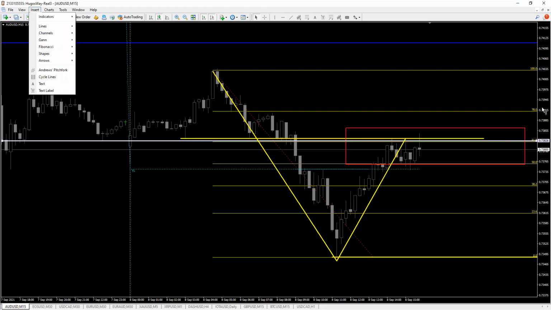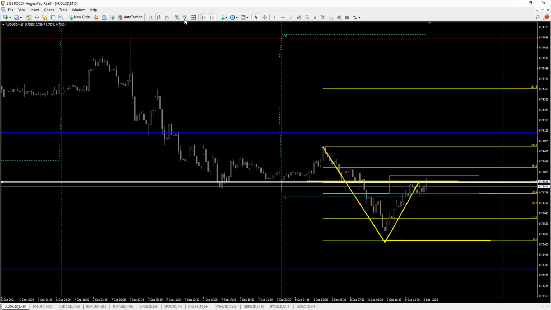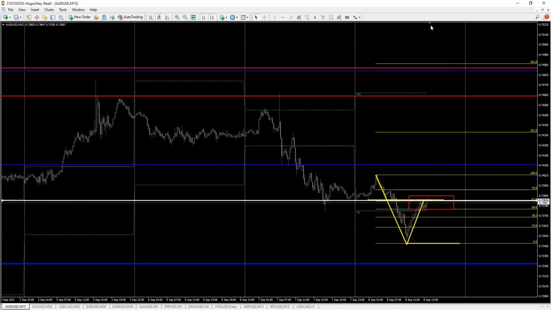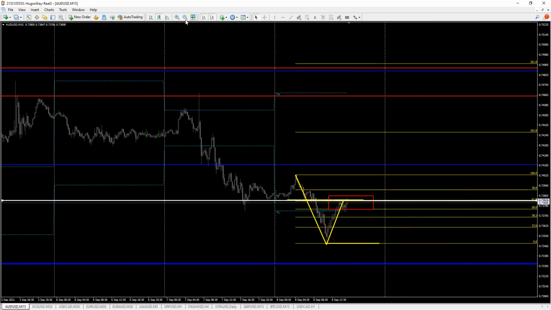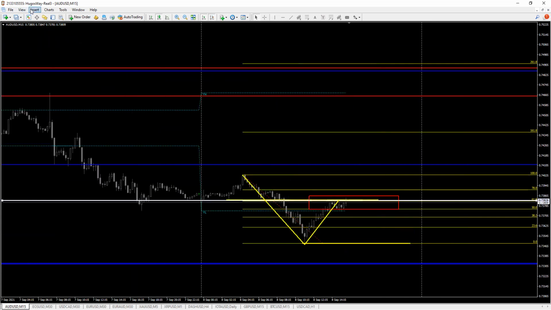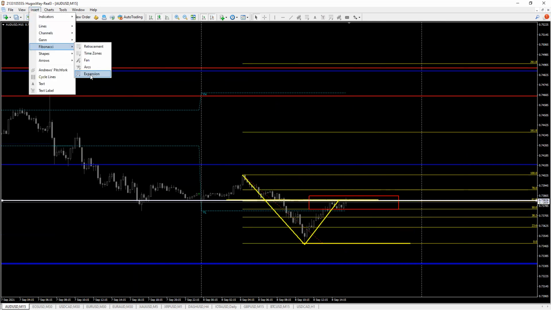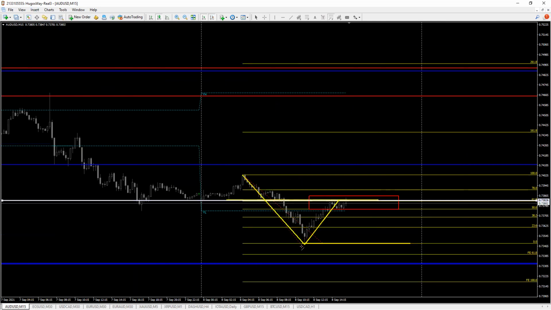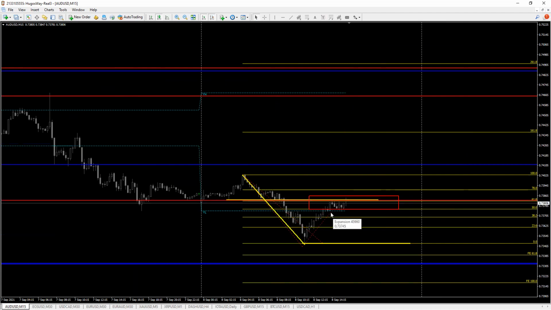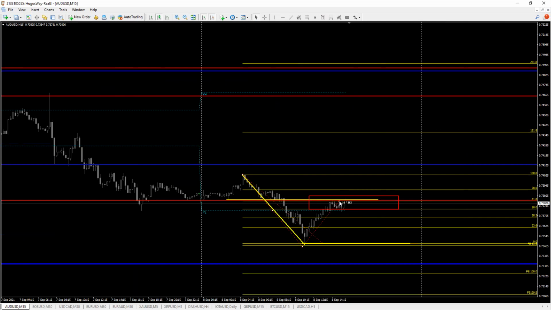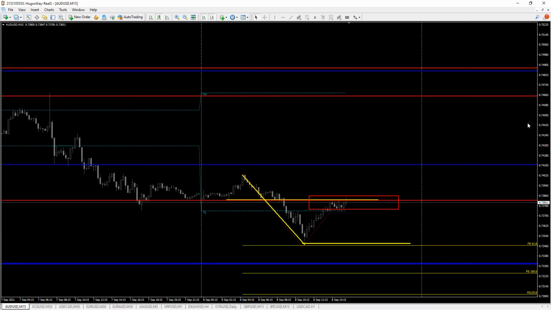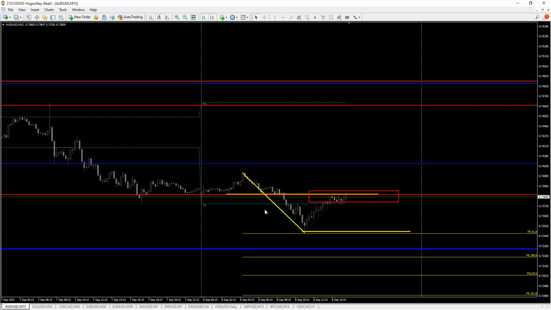To find our intraday target, we pull out our expansion, swing high to swing low. Retrace came to the 61.8, and now we have our expansion down here, which gives us our targets.